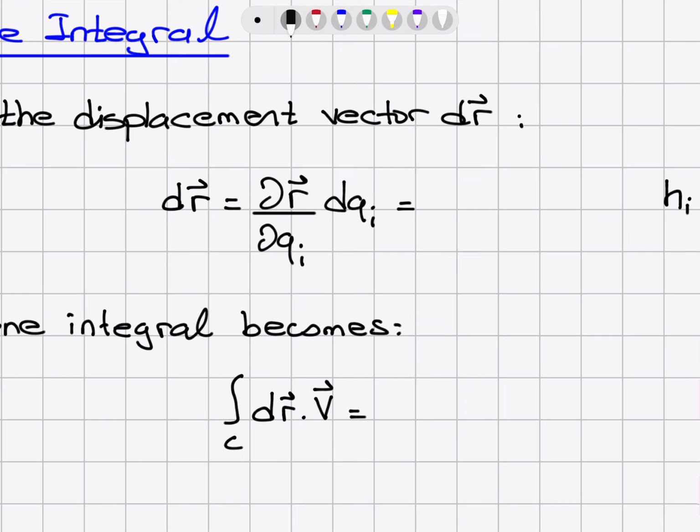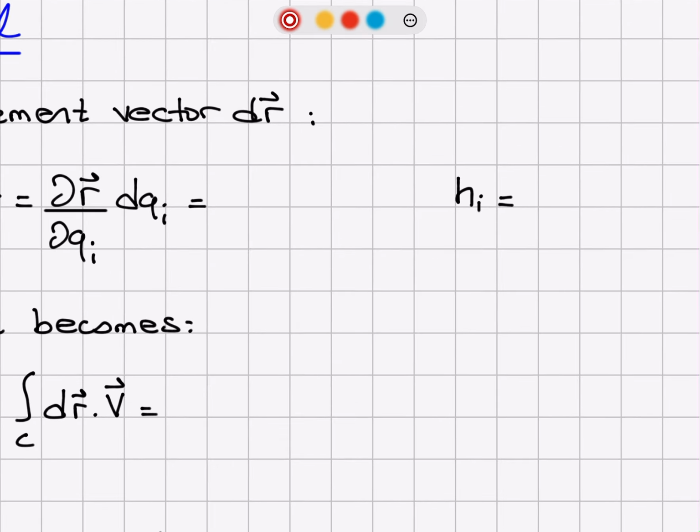Now, we know that the magnitude of this is the scale factor hi. So we can recall the magnitude corresponding to the coordinate qi, del r del qi, is the scale factor.